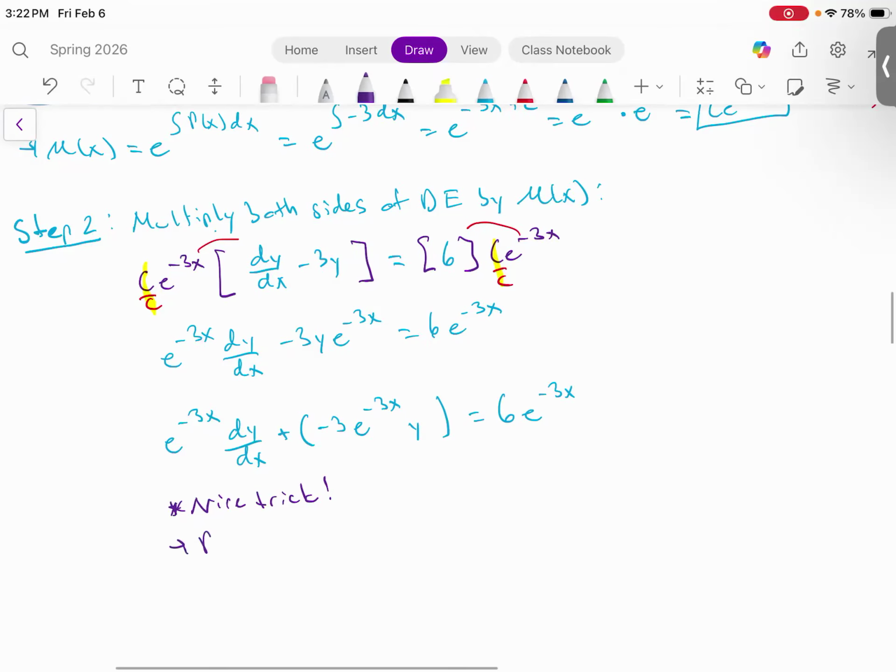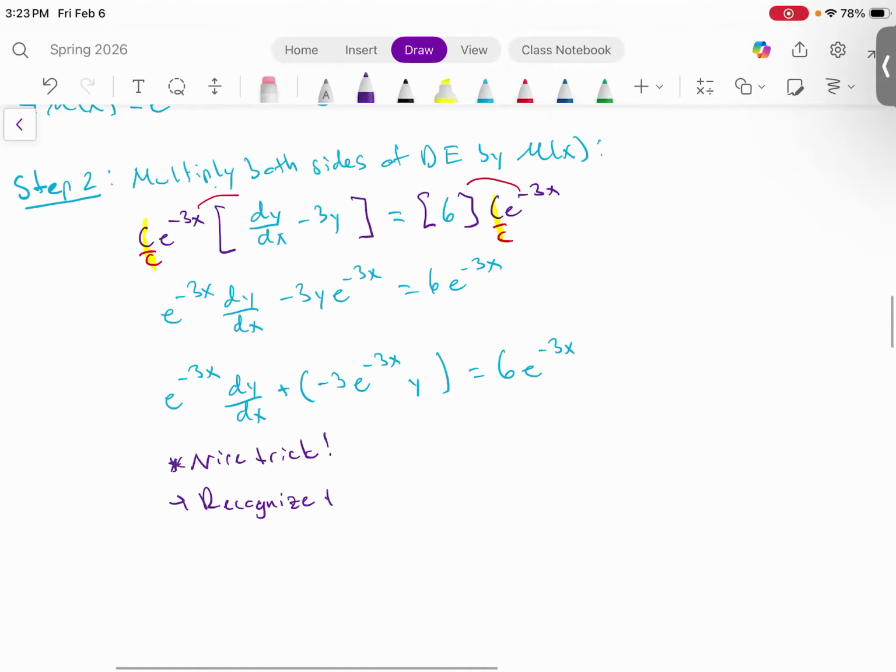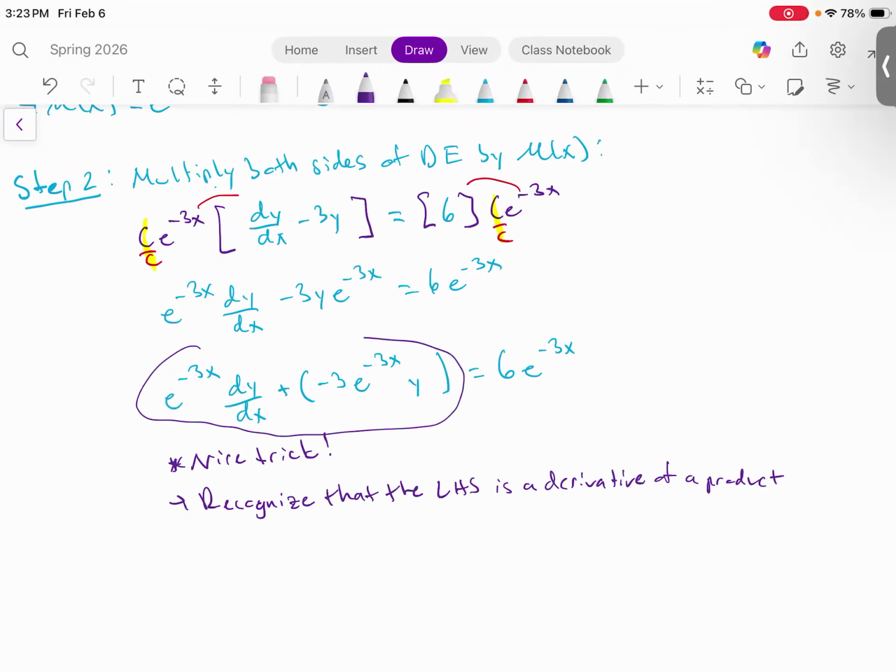What we can do is recognize that the left-hand side is a derivative of a product. So this left-hand side is a derivative of a specific product.